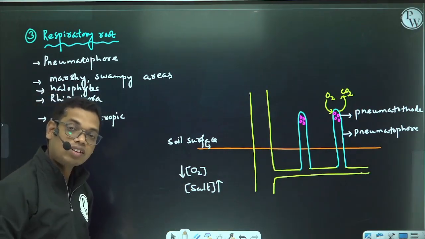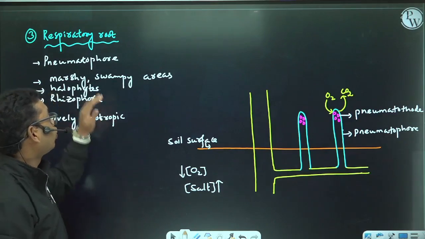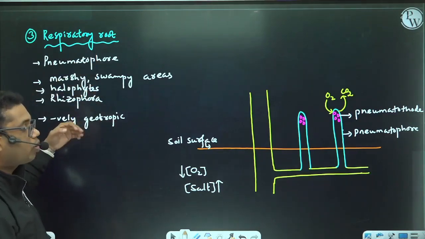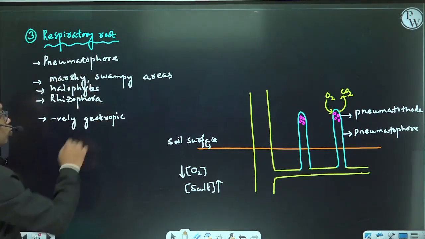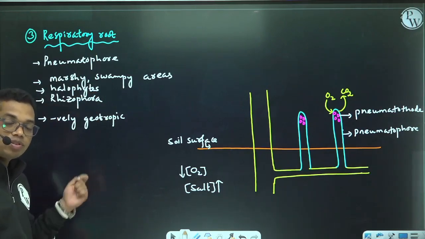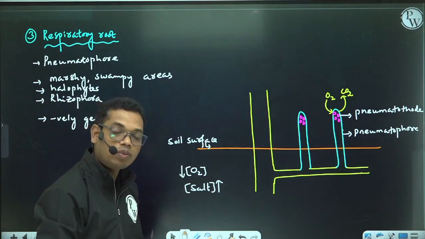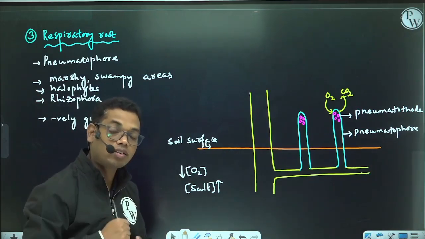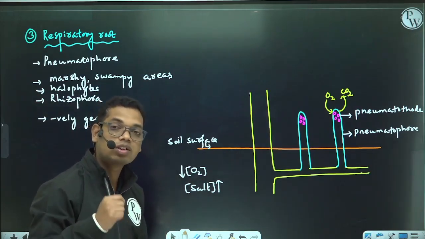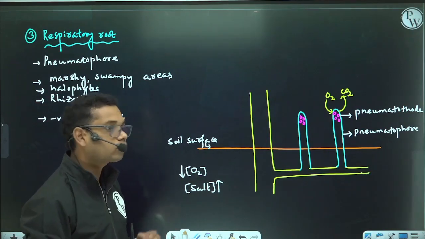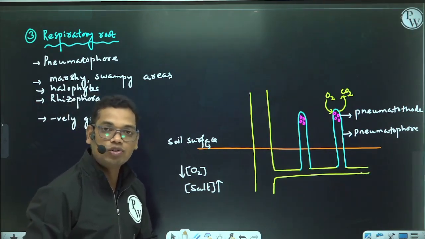One example of a plant where the pneumatophore, the respiratory root, is observed is Rhizophora. And this is one exception where the root grows in an upward direction. Otherwise, normally the root grows downward. That means the root is normally positively geotropic, but here the root is negatively geotropic.